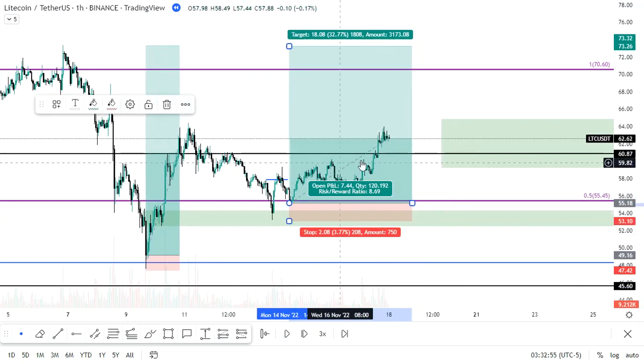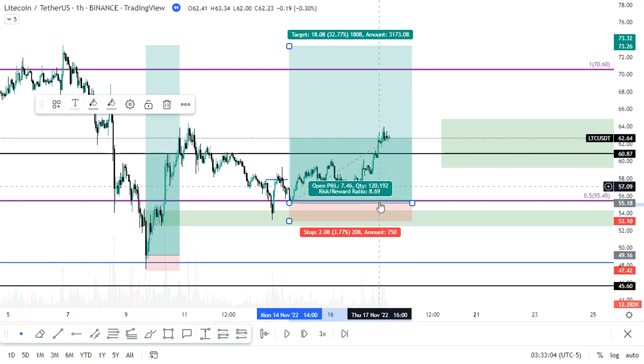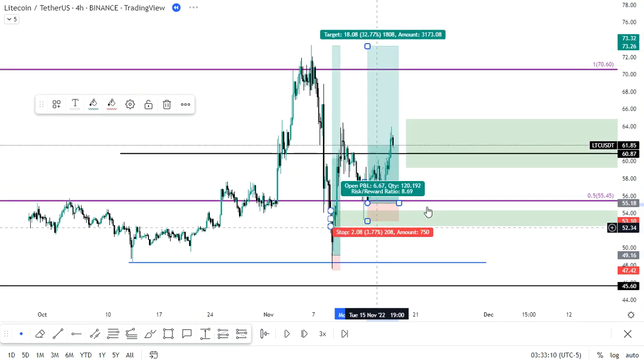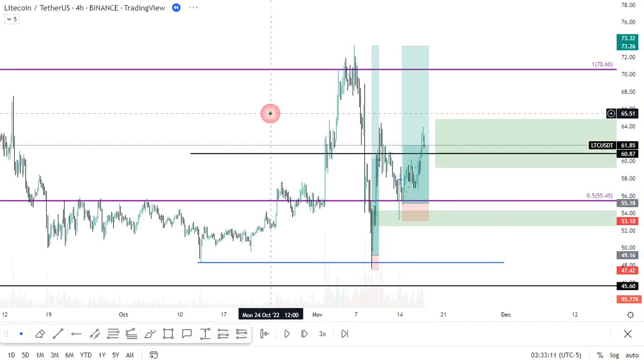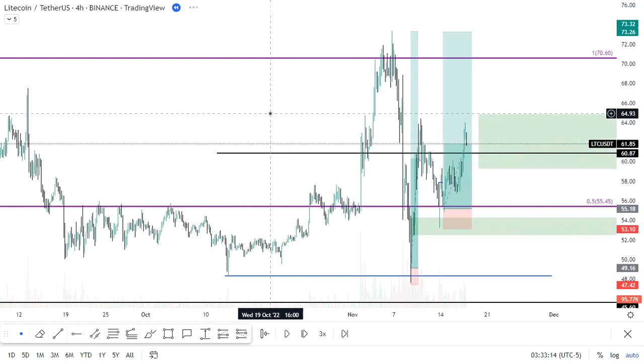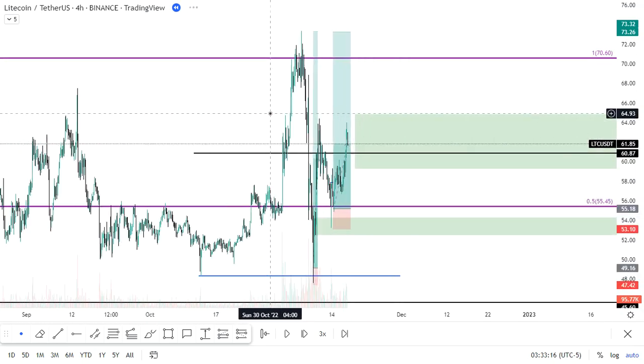So now that we are again above this mid range, we might still take another trade at this mid range. Let's see if it happens. So we go to a 4 hour chart now and play the price forward.